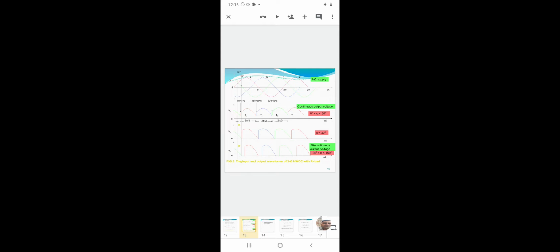This is alpha equal to 30 degrees, and this is the output voltage waveform. You have to observe that for the phase A, thyristor T1 starts conducting. For the phase B, thyristor T2 starts conducting.